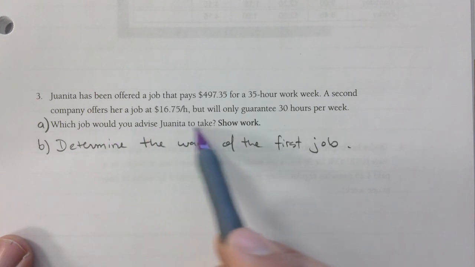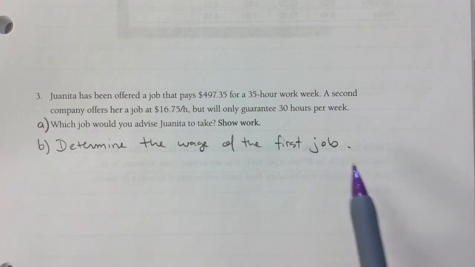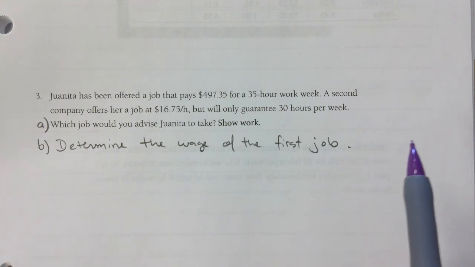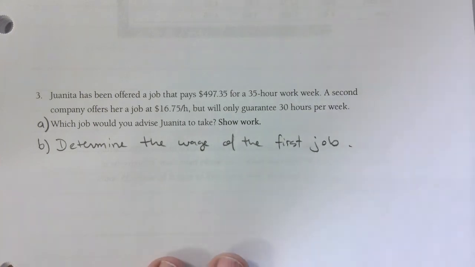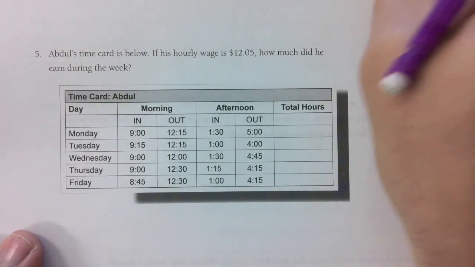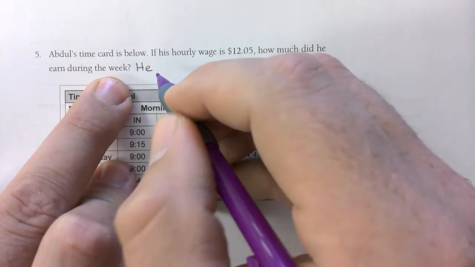There's A, turn that into A, the question that they originally asked you, and then B, determine the wage of the first job. Okay, got that? Now we're going to go to page 16, and you go to question 5 there. And we're just going to add to question 5.